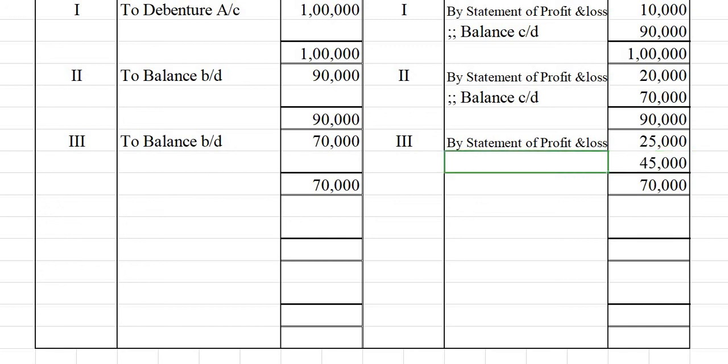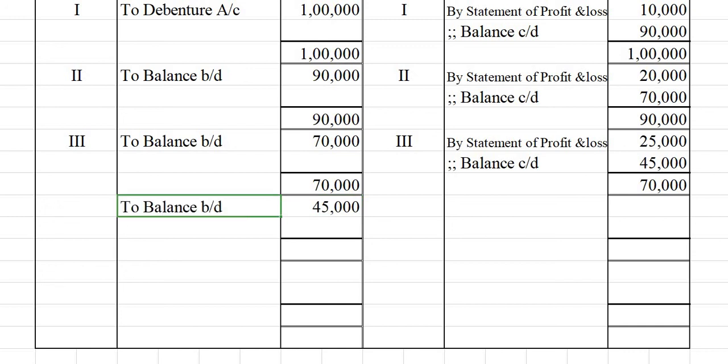Against that what can be written? Yes, by balance carry down. And it can be brought down to the next year, the fourth year. The entry will be to balance brought down, fourth year. Okay. In the fourth year also we write off discount proportionately.